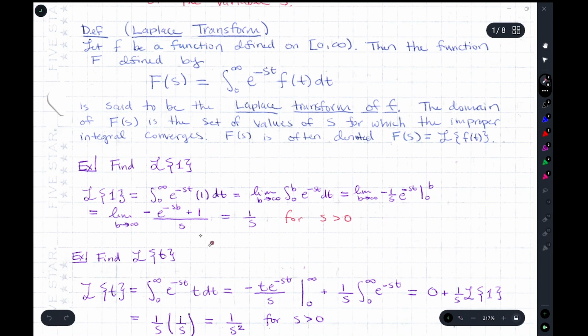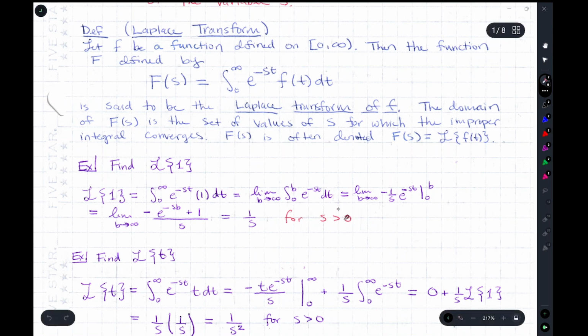So when we do that, we get this expression here when we plug in the bounds. And when we take the limit as b goes to infinity, this term goes to 0, okay? And we just get 1 over s, which is what's left. This works for any s strictly greater than 0.